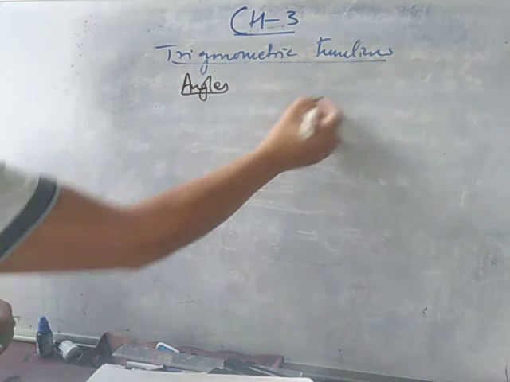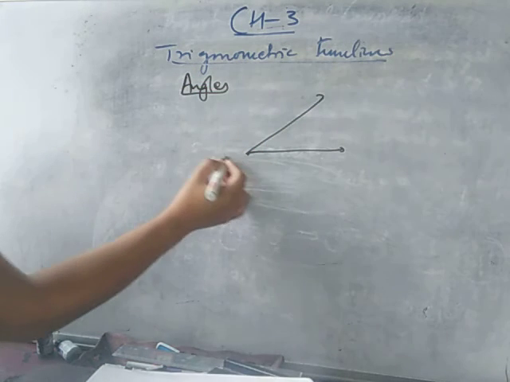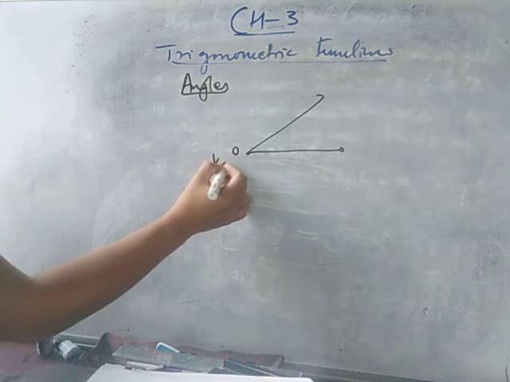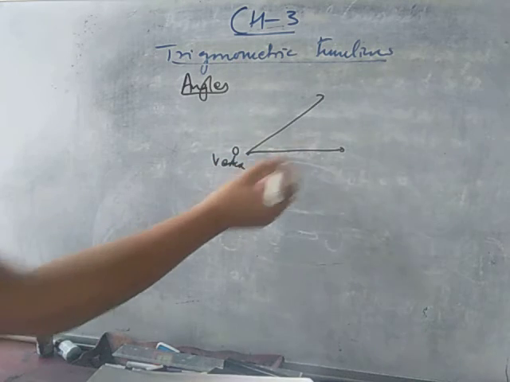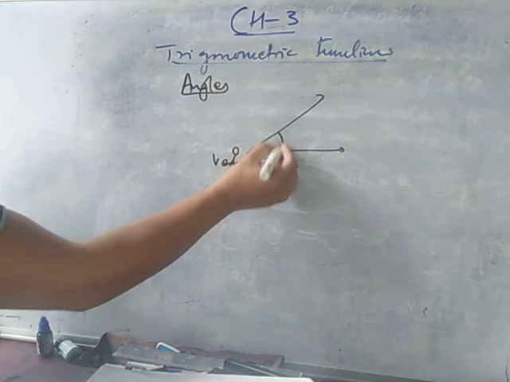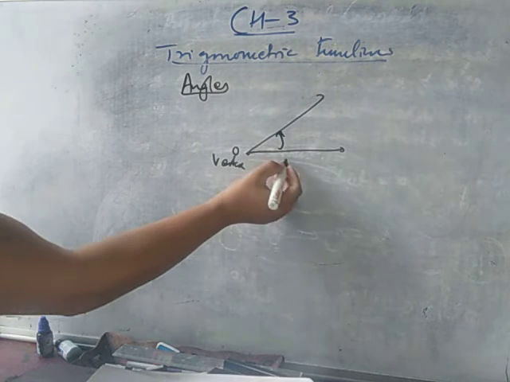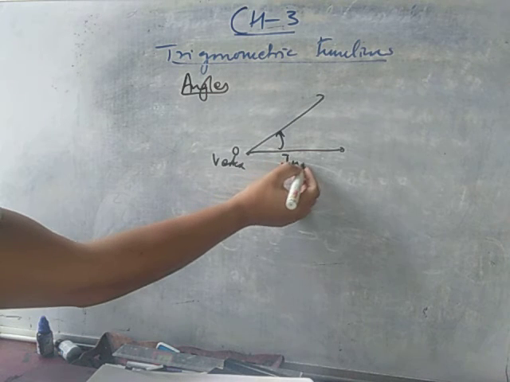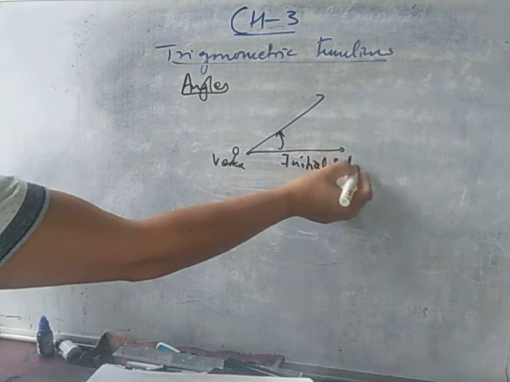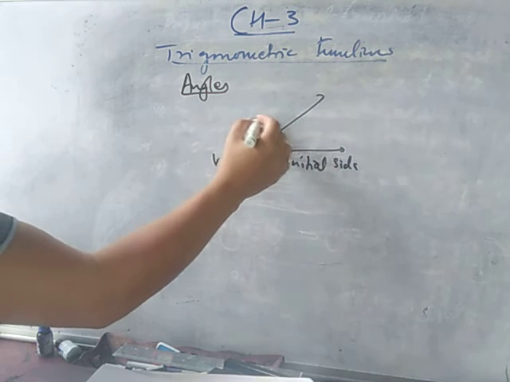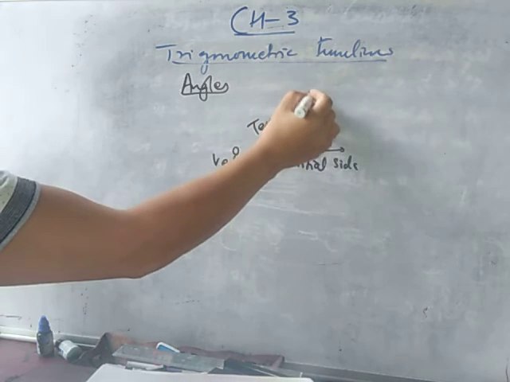So this is our angle, isn't it? This is called the vertex, and these are called arms, okay? And if you go like this, then this is your positive angle. This is your initial side, and this is your final or terminal side, okay?